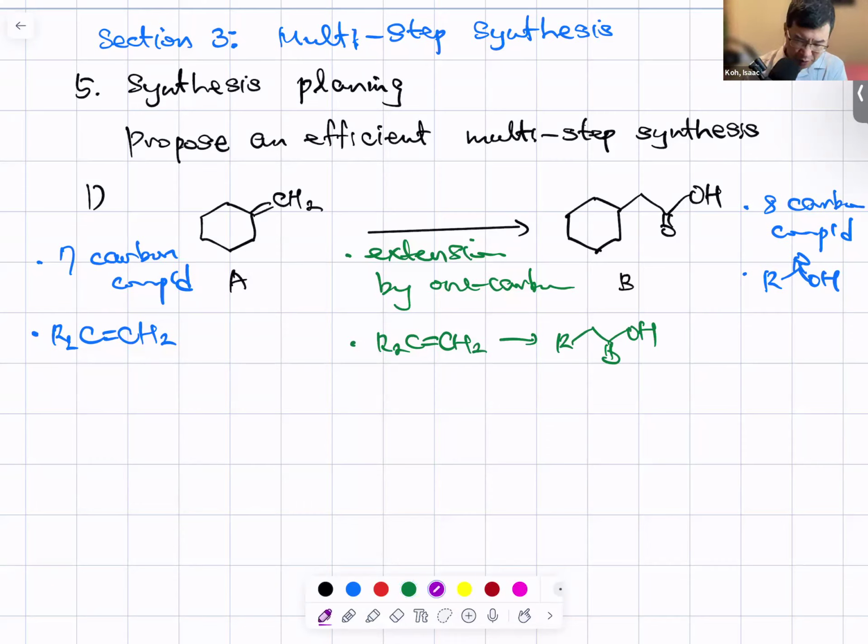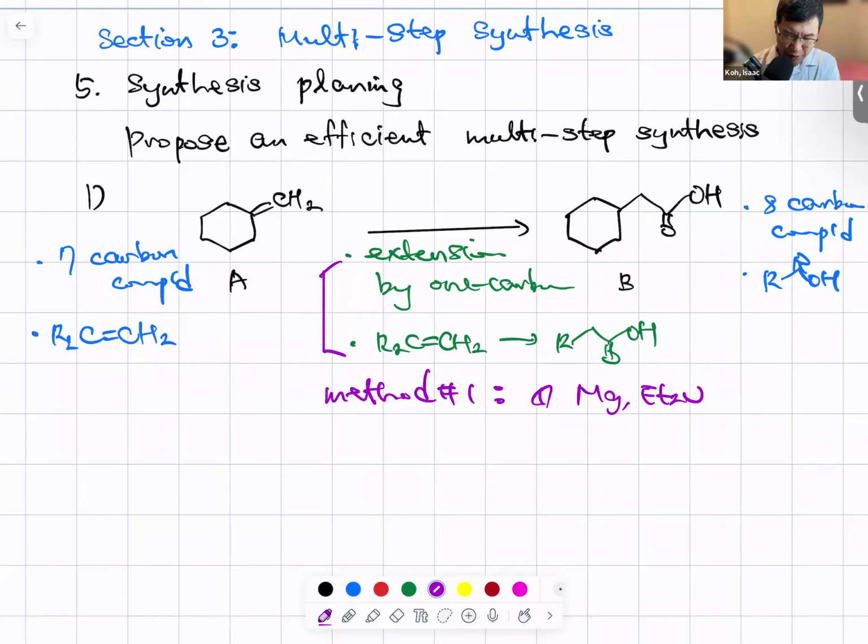Remember, this is achieved by two methods. Method number 1 uses a Grignard reagent from an alkyl halide, followed by CO2, dry ice, and workup.